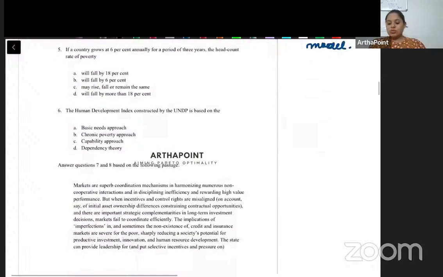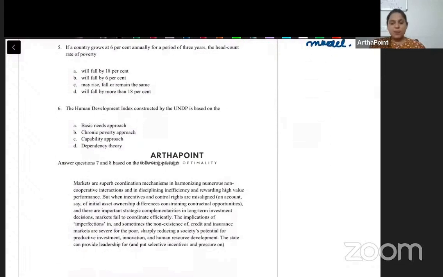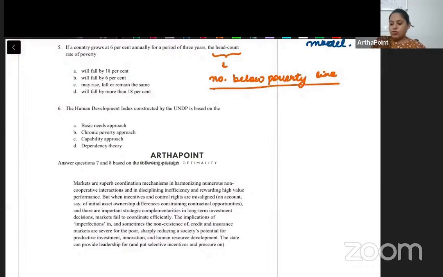Okay, now come to question number 5. If a country grows at 6% annually for a period of 3 years, the head count rate of poverty. So, see, when I talk about head count rate, it is number of people below poverty line upon population.